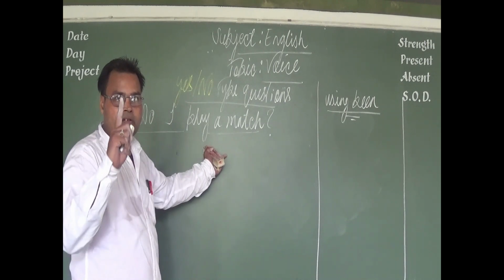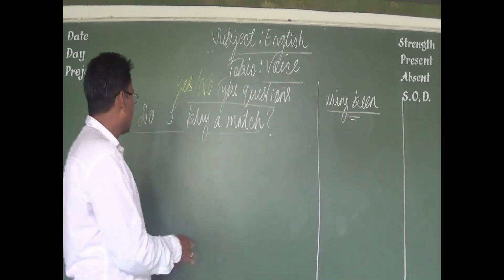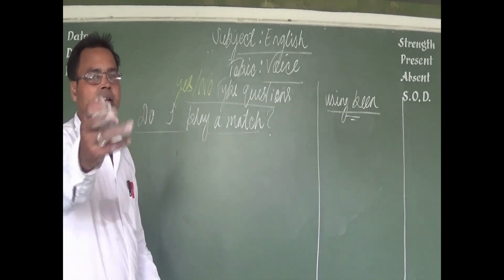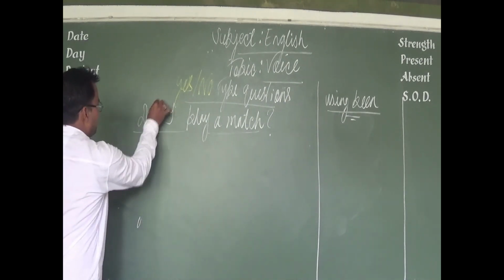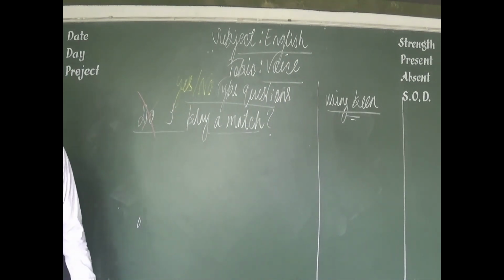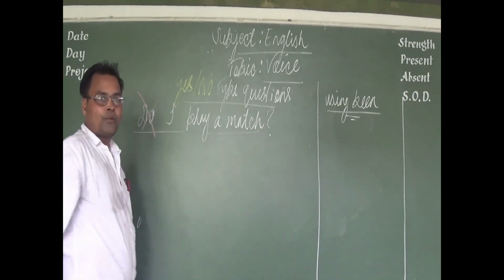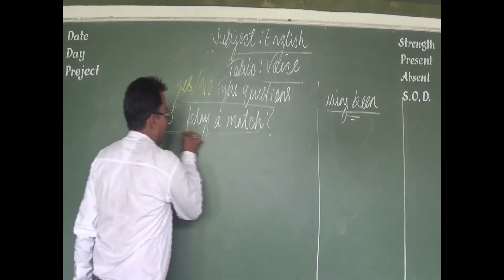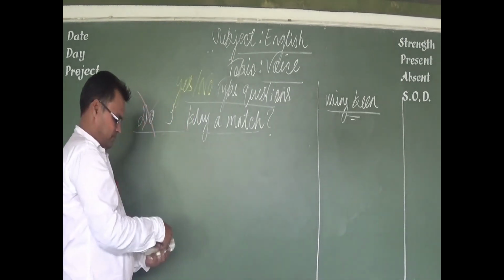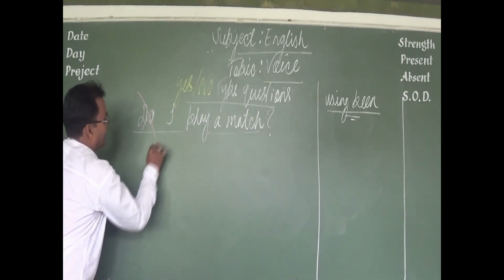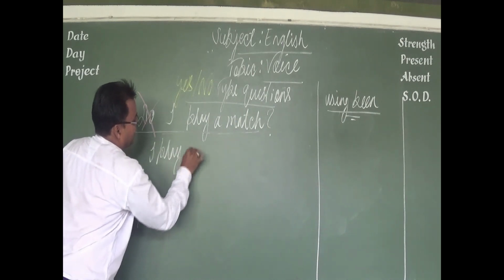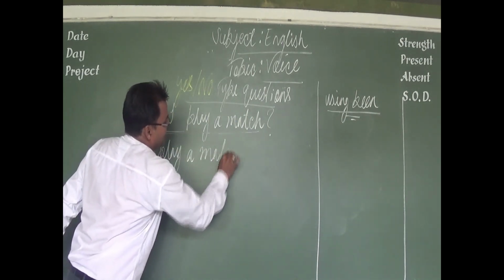First, you have to murder do. You have murdered do. What is left? I play a match. Write it.